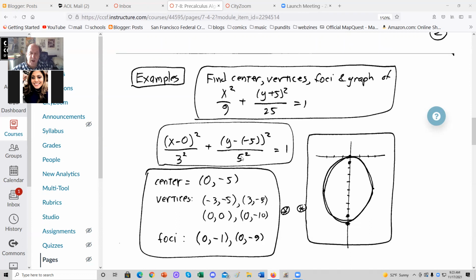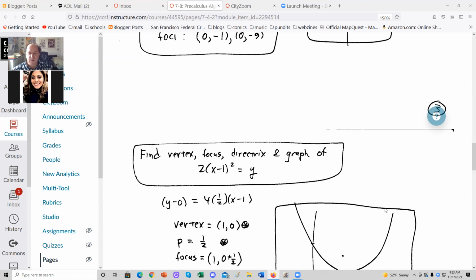You go plus and minus 5 in the y direction, so 0 by 0 and 0 by negative 10. And you can figure out c is equal to 4, so you go plus and minus 4 from the center: 0 by 1 and 0 by negative 9. And this is the resulting ellipse.